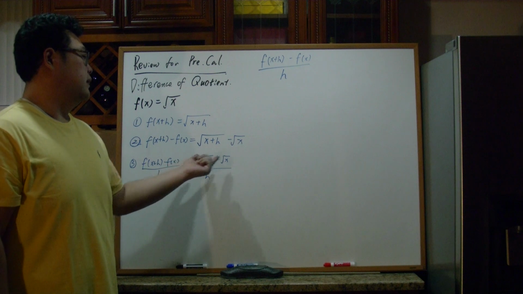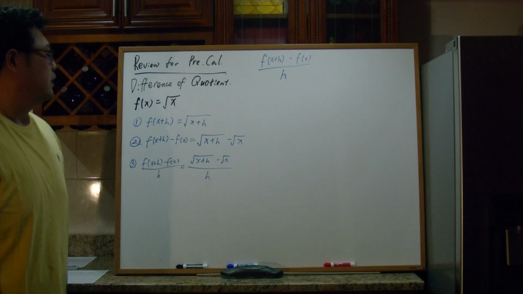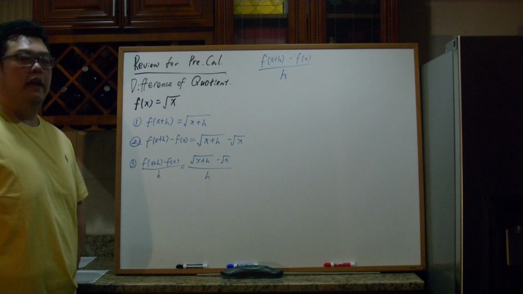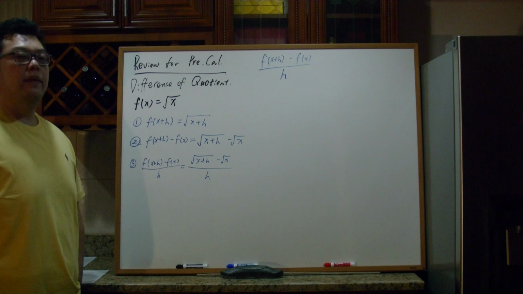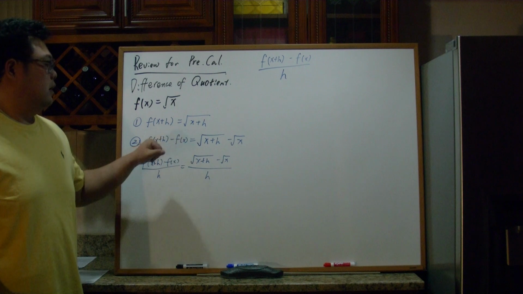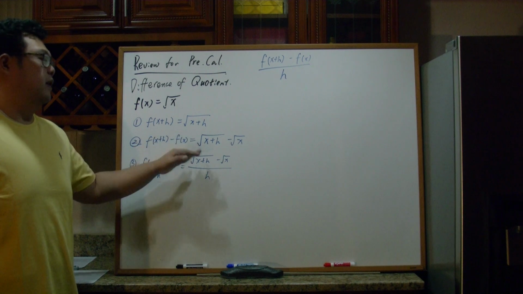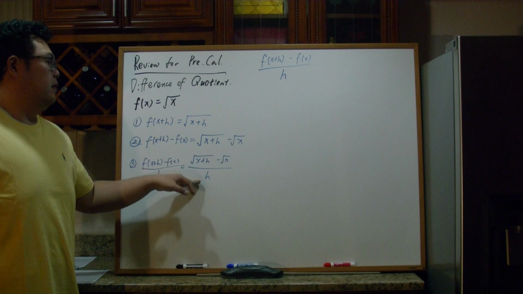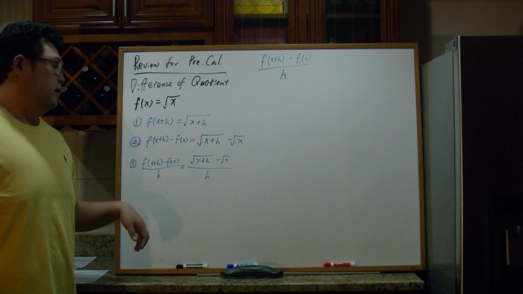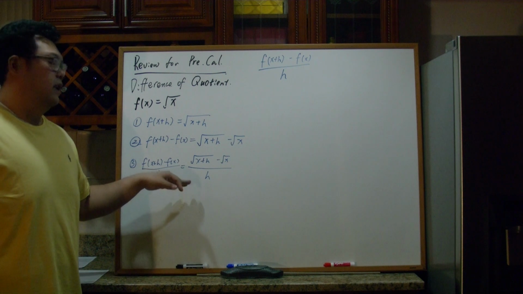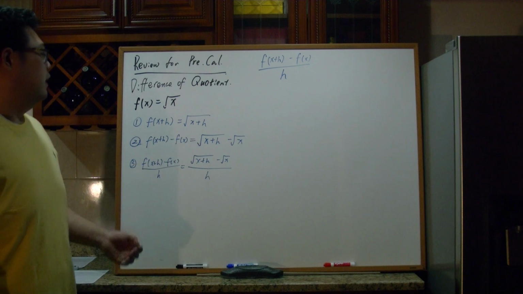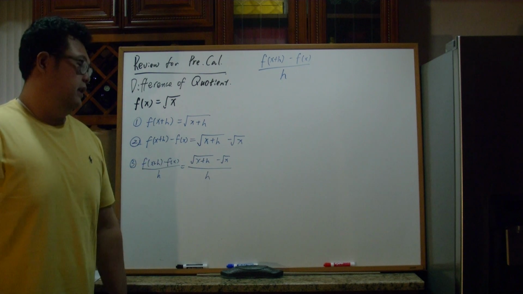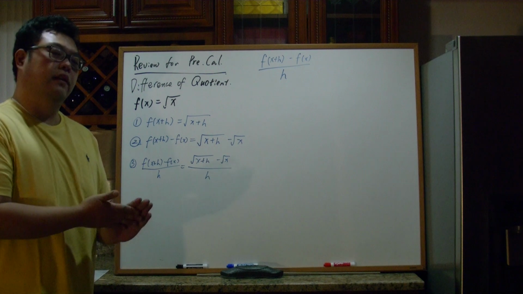But this expression simply doesn't hold when h is equal to 0. After simplifying, it could hold for any arbitrary h, but here it cannot be defined, although it's supposed to be.